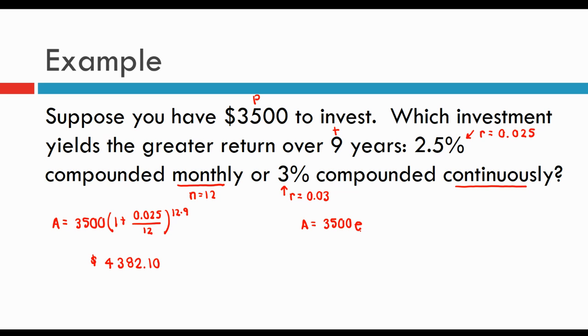But now I want it to be multiplied by e raised to the 0.03 times t, which is 9. All right, when I type all of that carefully into my calculator, we should get $4,584.88, I believe. Let me double check that.